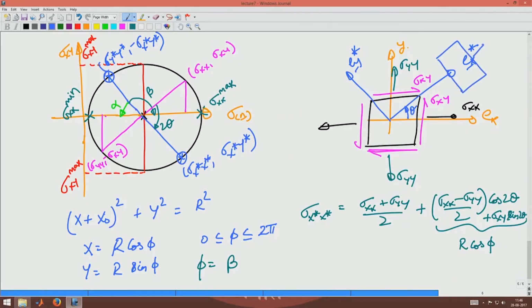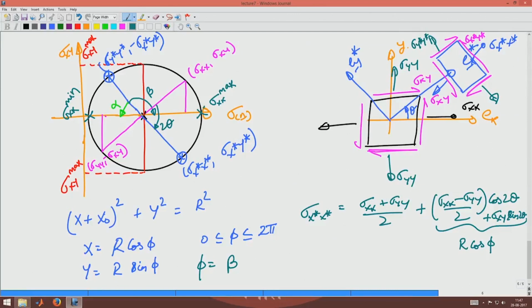This is the stress cube, this will be sigma x star, this will be sigma x star y star, and this will be sigma y star. That is how you represent a cube wherein the coordinate system has been rotated in the anticlockwise sense by an angle theta.